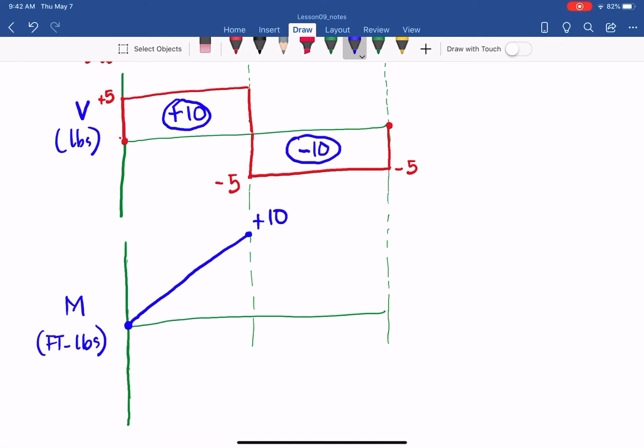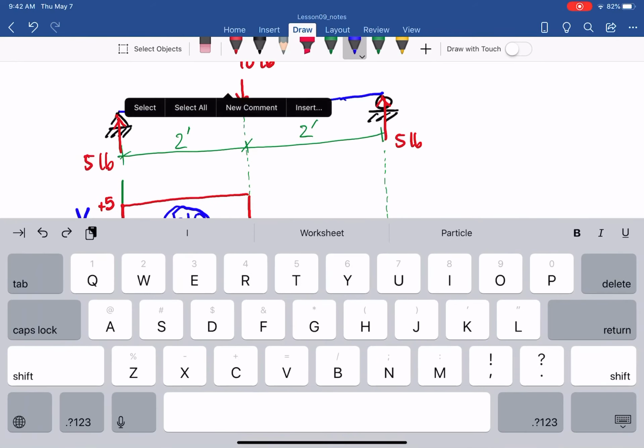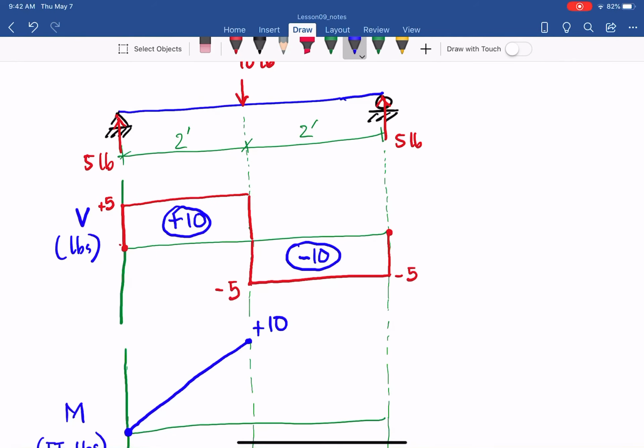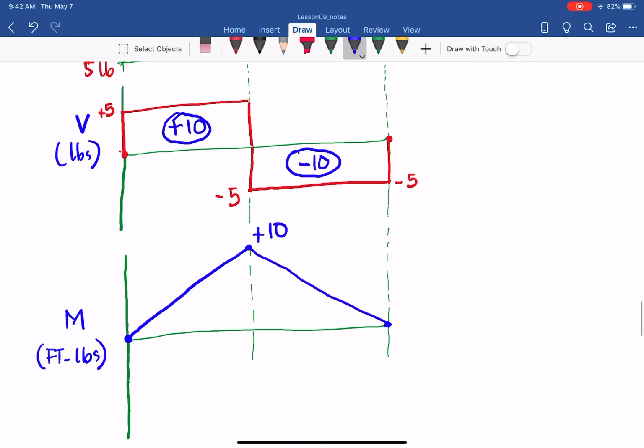So as you can see, it changes from this to that point. It has to be negative 10 plus 10, so it will be 0. And as you can see there, when you draw correctly from left, you start with 0. Whatever you do, you have to close on the other side; the right side has to be 0.